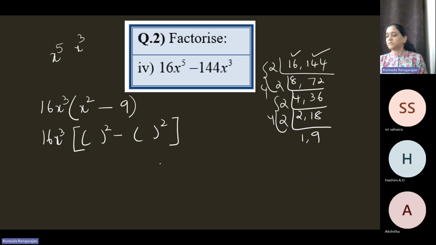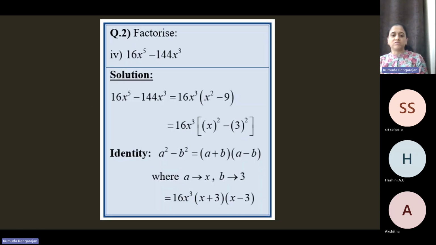So fill: x the whole squared is x squared, minus 3 the whole squared is 9. So 16x cubed into x plus 3 into x minus 3, because it's of the form a squared minus b squared, so a plus b into a minus b.